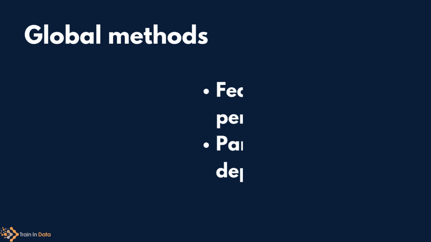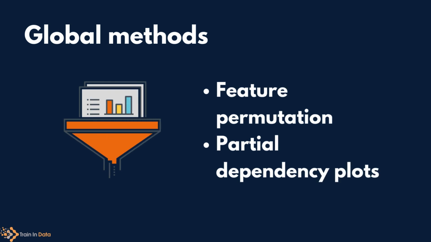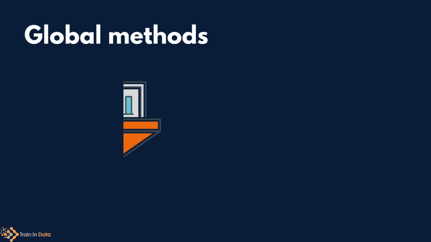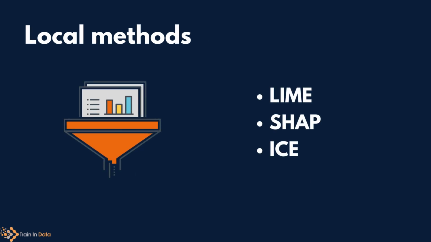And then we will move on to model agnostic methods or post-hoc explainability methods for global interpretation like permutation feature importance or partial dependency plots. And finally, we will learn about local explainability methods like LIME, SHAP, and the individual conditional expectations.